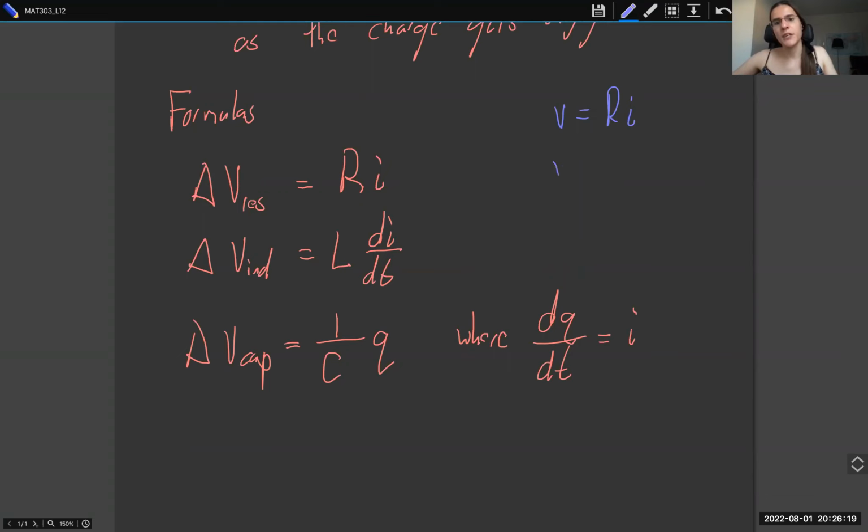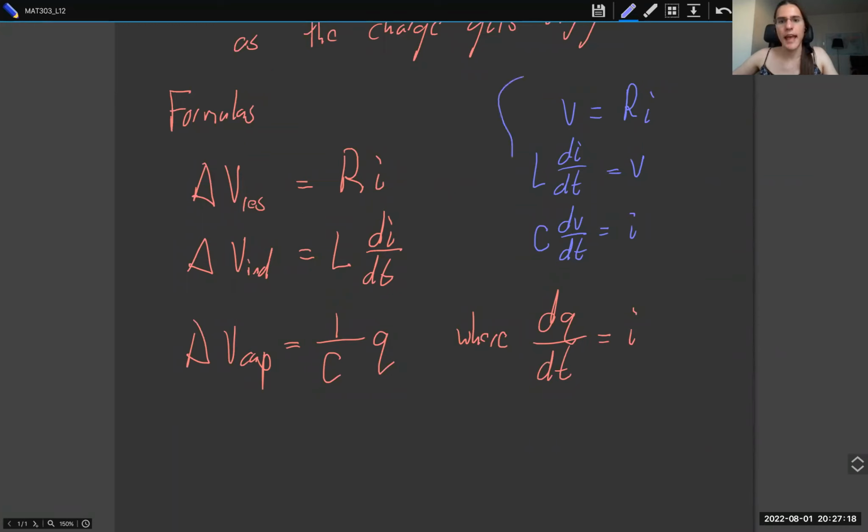For the second one, L times di/dt is equal to V. Whereas here, C times dV/dt is equal to I, which you get by differentiating this equation.